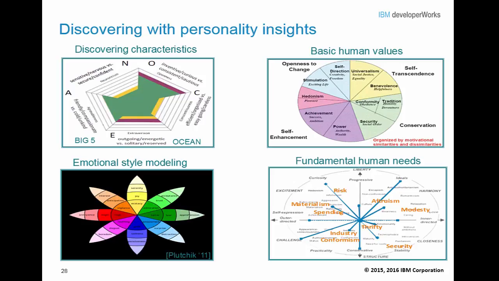Personality Insights uses the following analytic appliances: Big Five personality model. These are characteristics that differentiate one individual from another. Big Five OCEAN personality is the most studied and well-known personality model today.